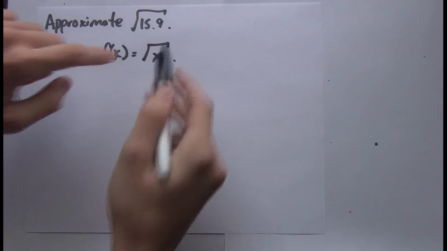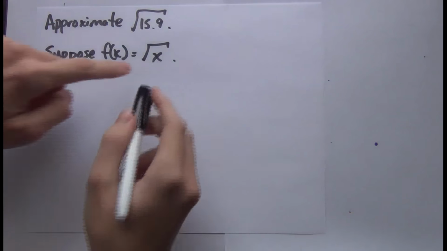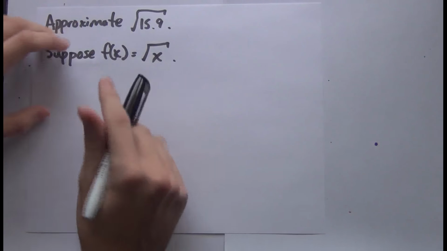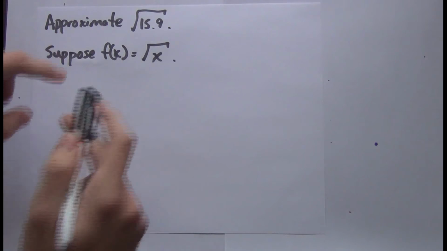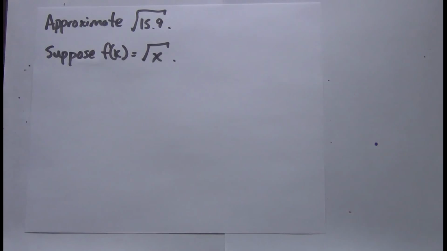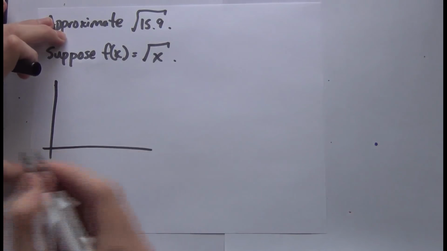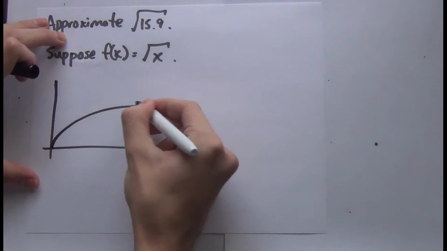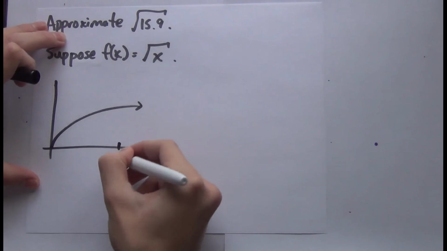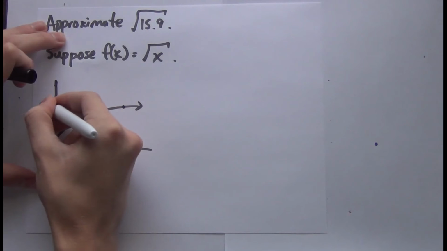And I'm going to say that I can input any x value that I want, and I can output a value. So in this case, I'm inputting 15.9, but I also know for sure, at least I hope we know, that the square root of 16, inputting 16, will give me an output of 4. So what I know right away is if I draw the square root of x, it's going to look something like that. And if I plug in 16, I get an output of 4.